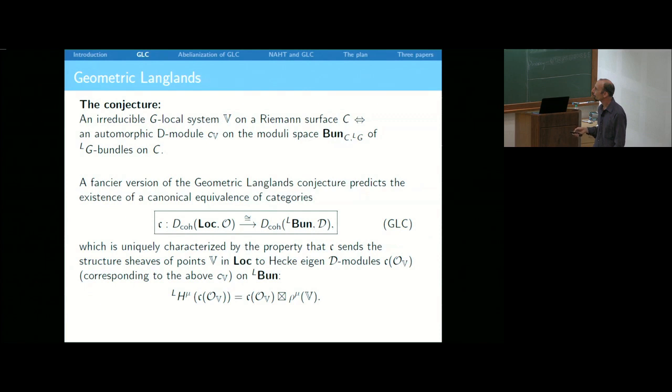The fancier version says start with any coherent sheaf on Loc. You think of the local system itself as its own structure sheaf, which is a sheaf on all of Loc, but it's supported just at the one point. So it's characterized by the property that when you restrict to the ones that come from there, the thing that you get on the other side should be a Hecke eigen-D-module, in a sense.